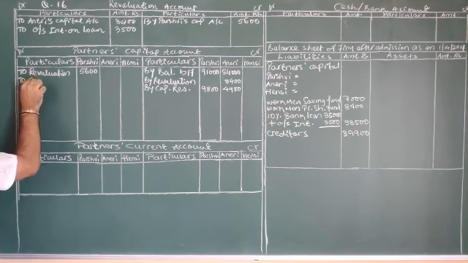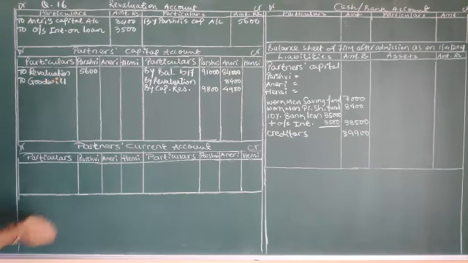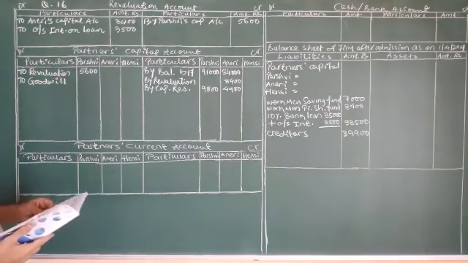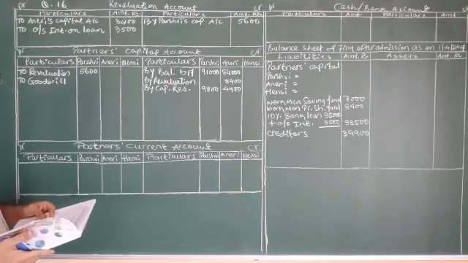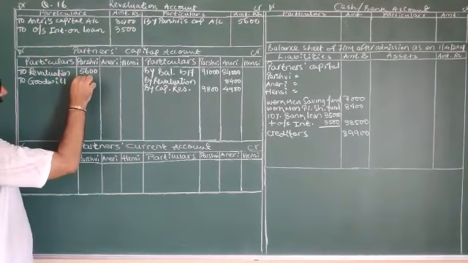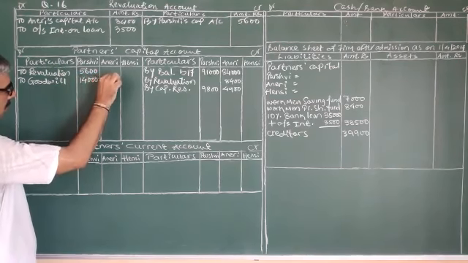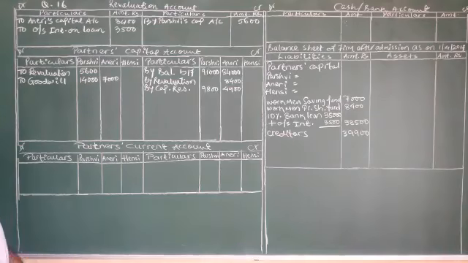New goodwill, the amount is 21,000. So 14,000 and 7,000, 2 to 1 is the ratio.